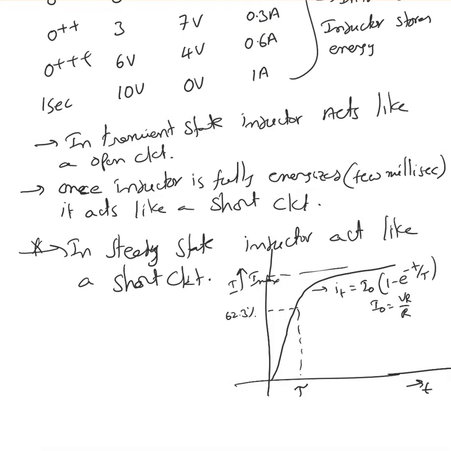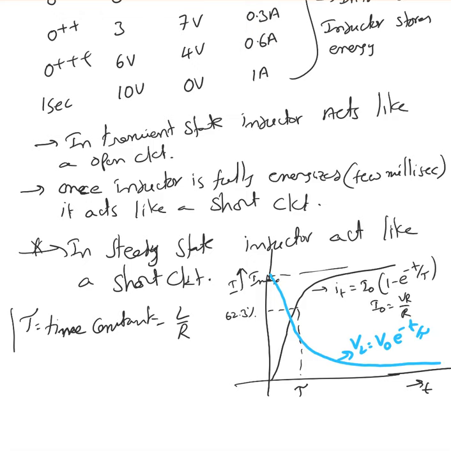Now the voltage drop across the inductor is going to go down, something like this. That value V_L equals V naught times e to the power of minus t over tau. Tau is similar to the RC circuit, the time constant, and that value is L over R for an RL circuit.